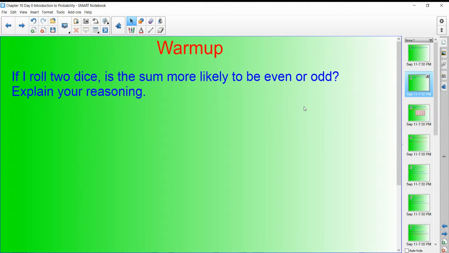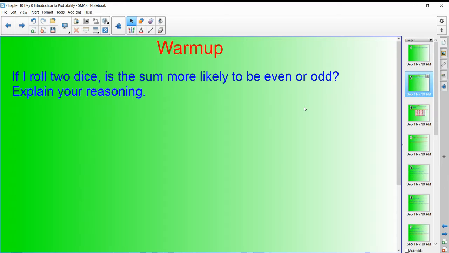So let's take two six-sided dice, and I roll them. Is that roll more likely to be even or odd? Make a prediction, write down what you're thinking, and we'll see if you're correct. Now, I've heard many justifications over the years.